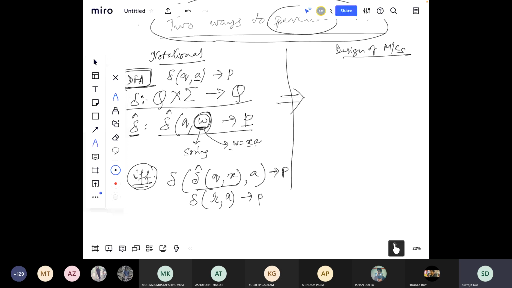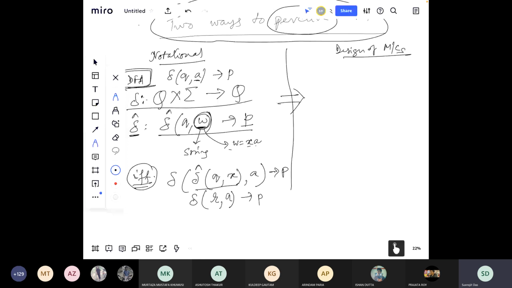If states don't exist, this definition is going to fail. It is true if and only if del hat of Q comma X gives a state R, and that state exists, and del of R comma A is P.